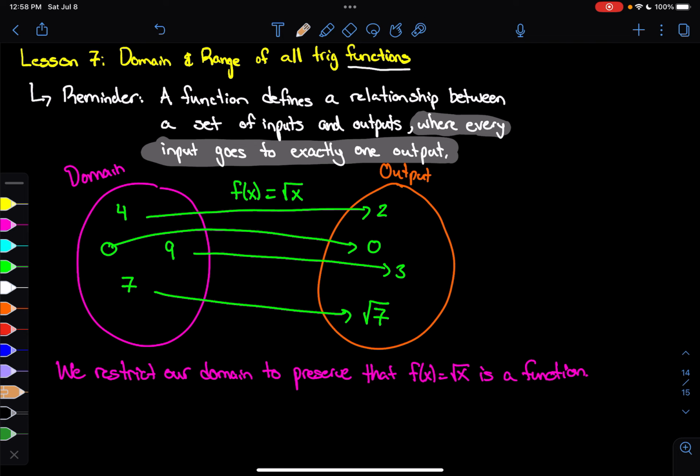And just as a reminder, f right there is just the name of our function. We could have picked anything. My personal favorite is to call this function Bob. We could have called this function Bob of x is equal to the square root of x. Whatever we want to name it, that preface is just the name, and the x indicates what we're putting inside of our square root.